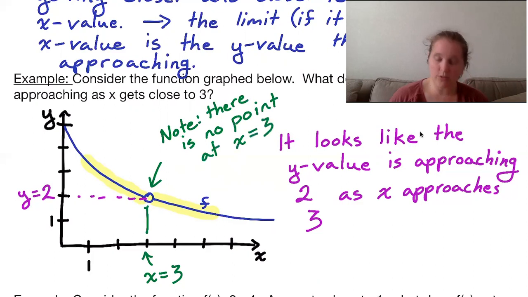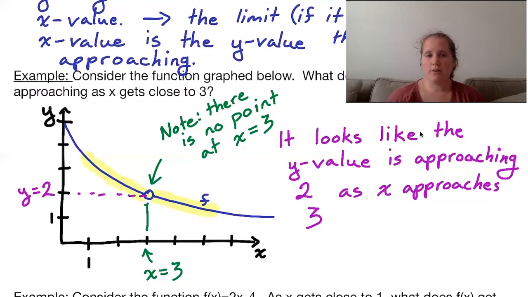We have our open circle, but it does look like the y value is approaching 2, even if there's not actually a point there. So this is the idea of a limit: what does it look like the graph is doing or approaching.